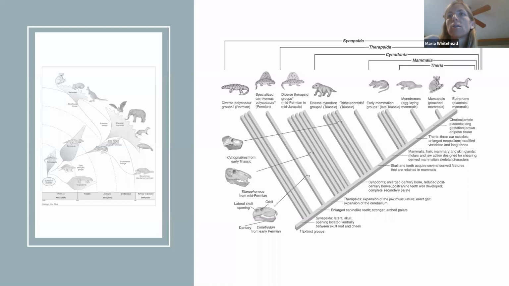The other figure shows the evolution of major groups of mammals. One of the cynodont groups gave rise to therians, which we refer to as the true mammals, during the Triassic period.